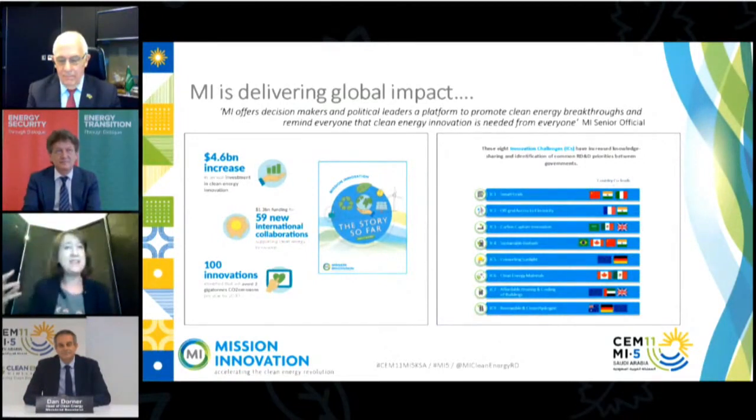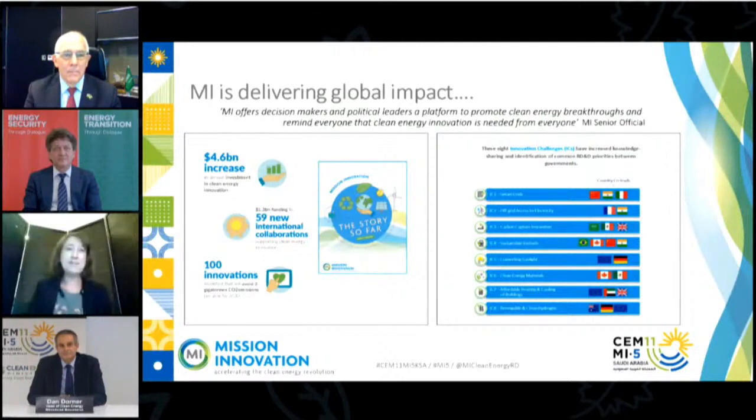And these different topic areas are really acting as accelerators for innovation, doing those things that I highlighted earlier: setting out the long-term targets, bringing forward and identifying commitments from governments, and accelerating learning and knowledge between policymakers and innovators.